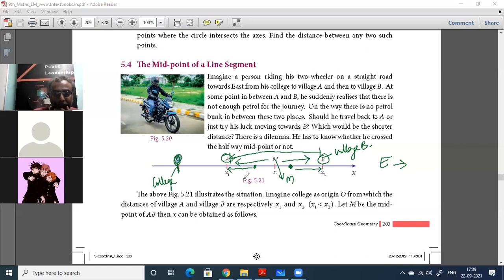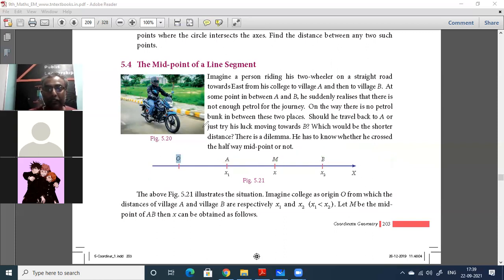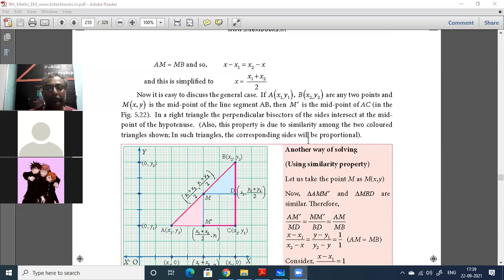You understood? So everything depends on calculating the midpoint between X1 and X2. Okay, that is the situation. Now that is not very important. What is important is what is going to come, because we are going to derive the formula.